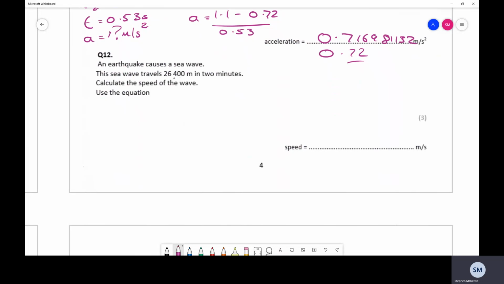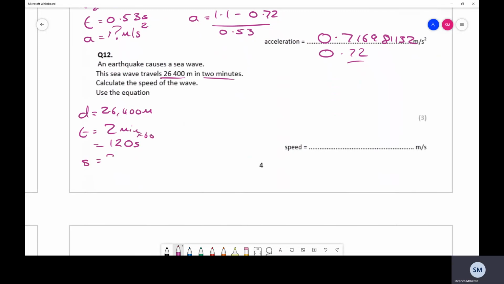The sea wave travels 26,400 meters in 2 minutes. So, one number there, one number there. It travels a distance, 26,400 meters, in a certain amount of time, 2 minutes. That is the same as 120 seconds, because I multiply by 60.